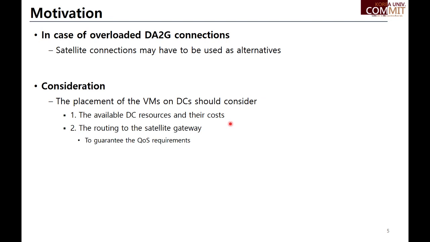We need to place VMs on data centers. But there are considerations. First is the available data center resources and their costs. In short, we have to consider compatibility. Second, the routing to the satellite gateway to guarantee the quality of service requirements.